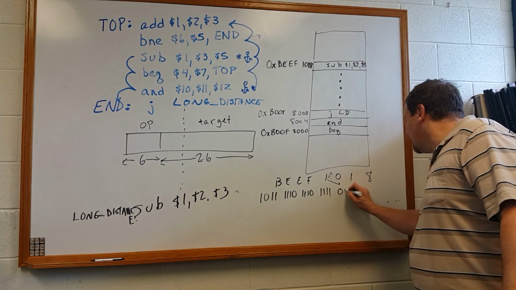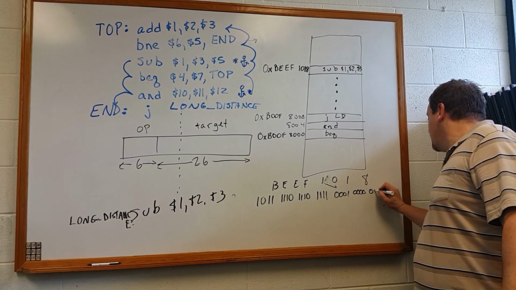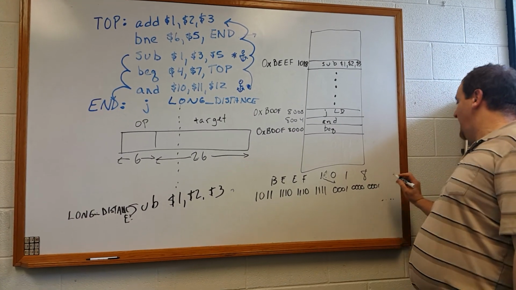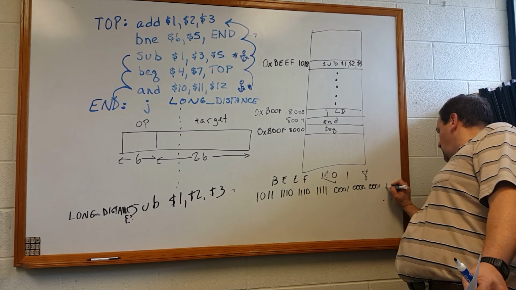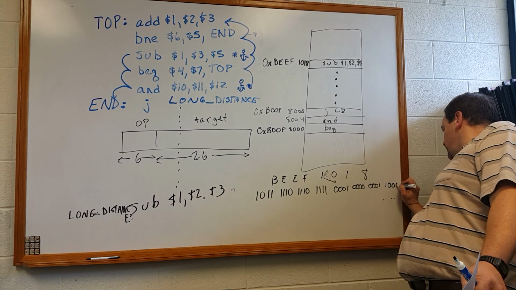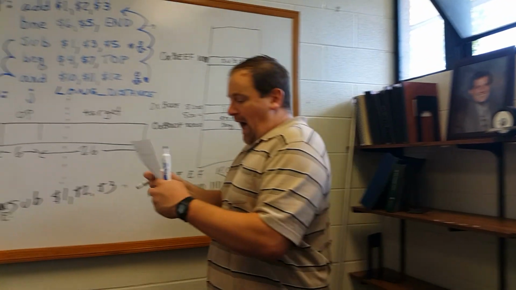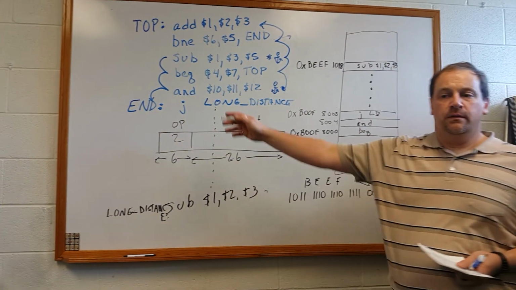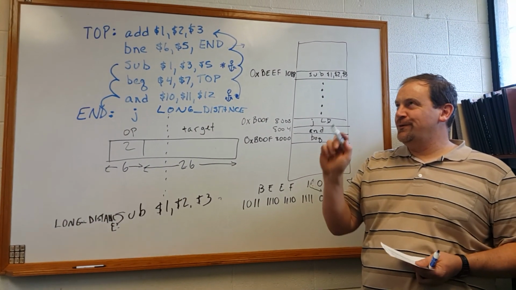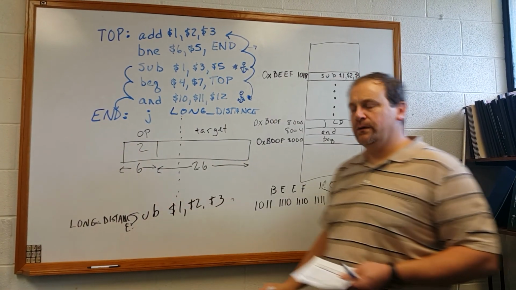So this is 0001, 0000, 0001, and then 8, which is 1000. Okay? Opcode for jump is 2. So the 6 bits will be 0, 0, 0, 0, 1, 0. That's 6 bits. That's what will be here.